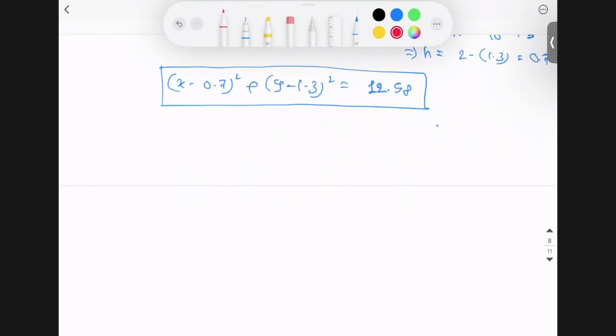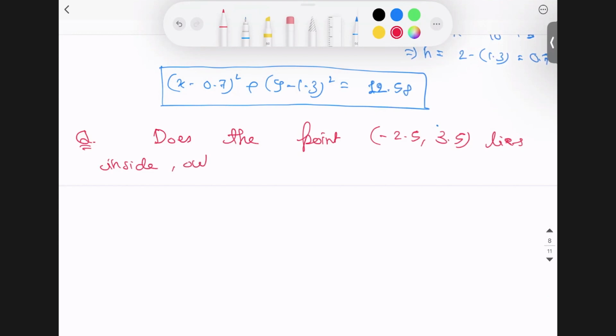Now, one last question. The point (minus 2.5, 3.5) lies inside or on the circle x square plus y square equals 25?